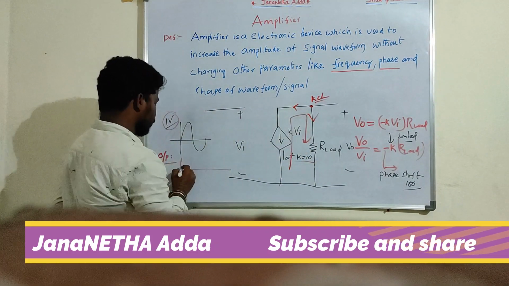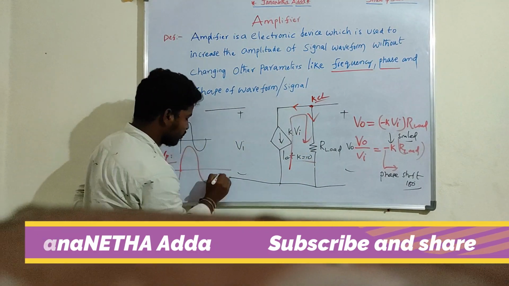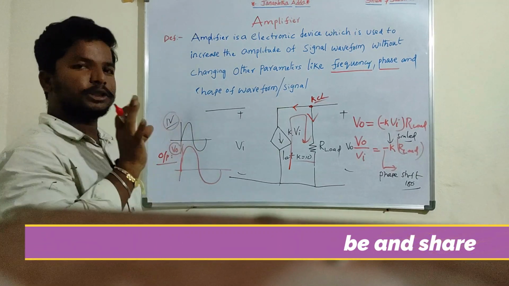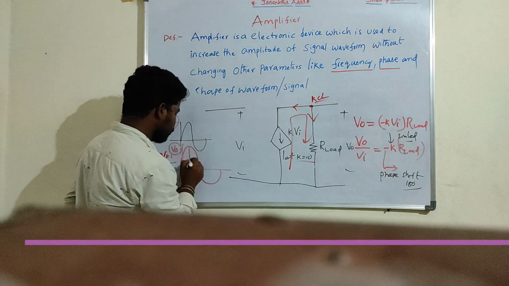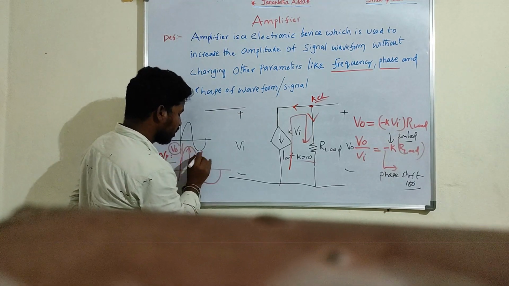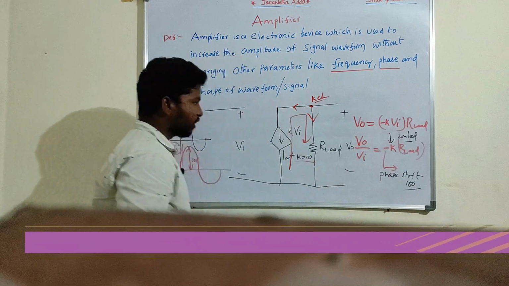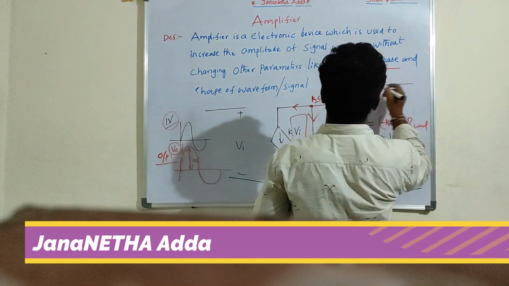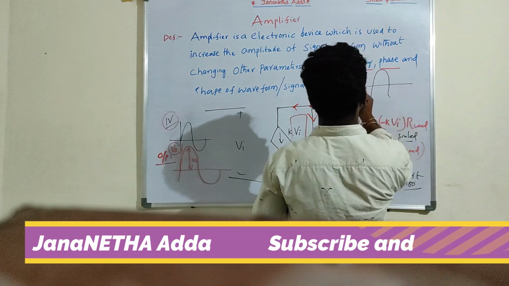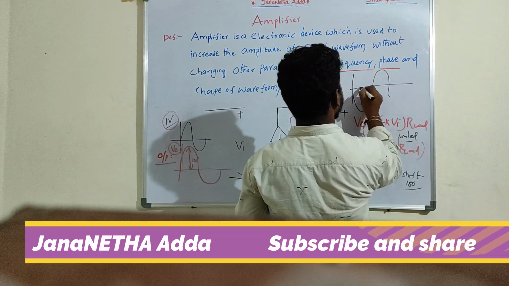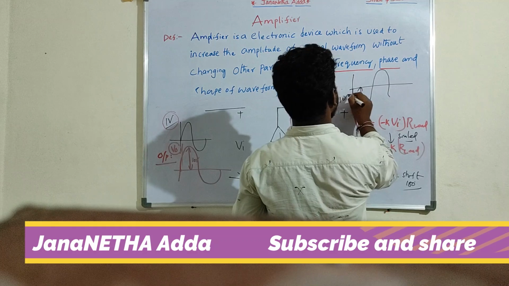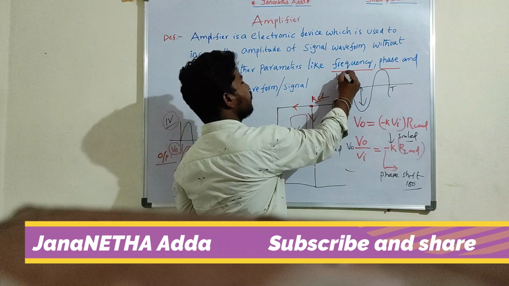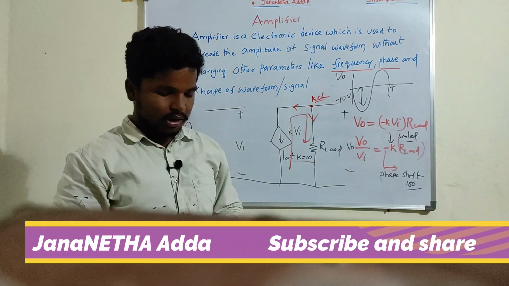So I will get an output as, actually, the output we expected. We have a 10 volt amplitude, but having a phase shift of 180 degrees, we get the output as an inverted waveform having 10 volts, so minus 10 volts for the time period. We got the same signal because of the phase shift.